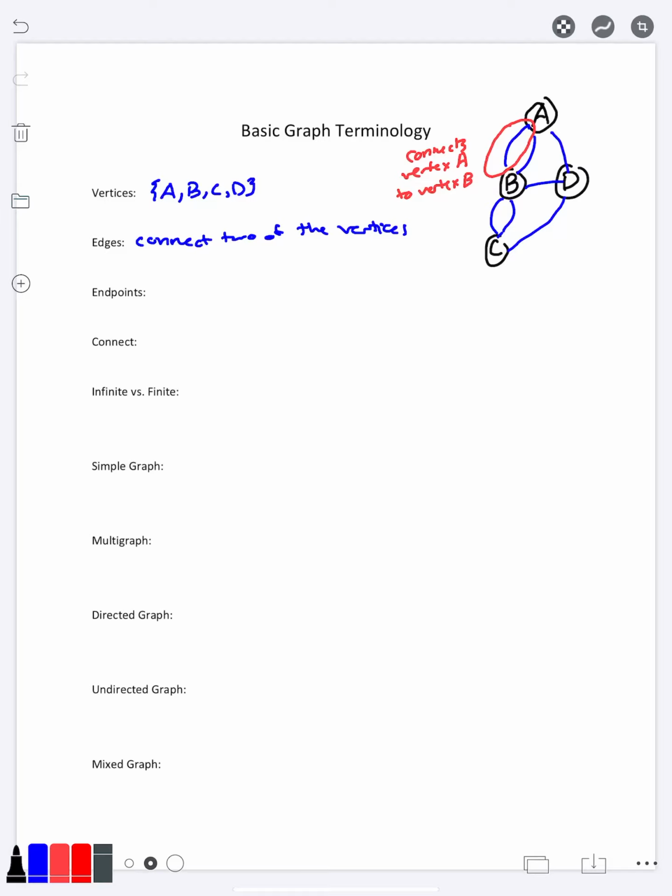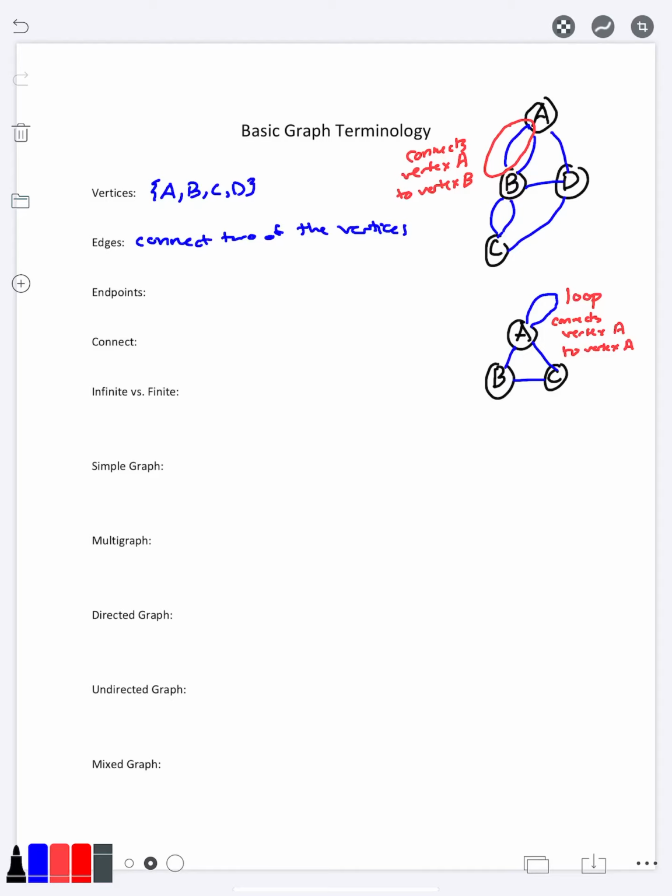Now it is possible to have a graph where you have an edge that starts at a vertex and goes back to the same vertex, and when you have that, that is called a loop, and this connects vertex A to vertex A.